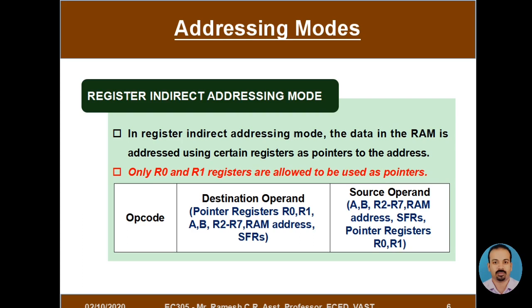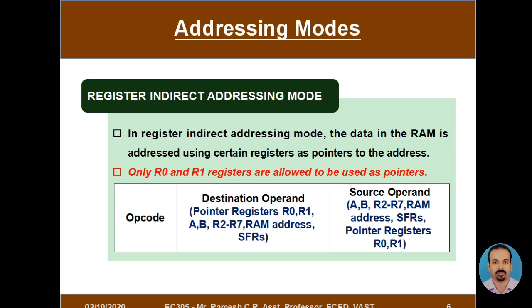So here you can see that the register is acting as a pointer to direct the compiler to the required internal RAM location. So we call this particular mode of addressing the register indirect addressing mode.